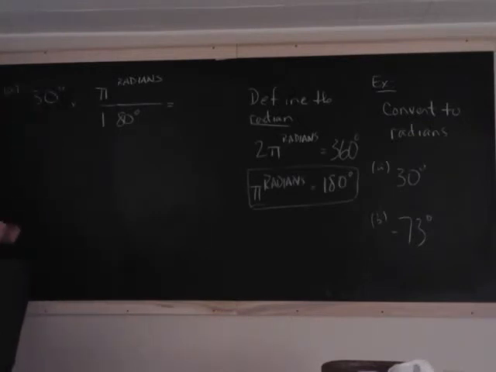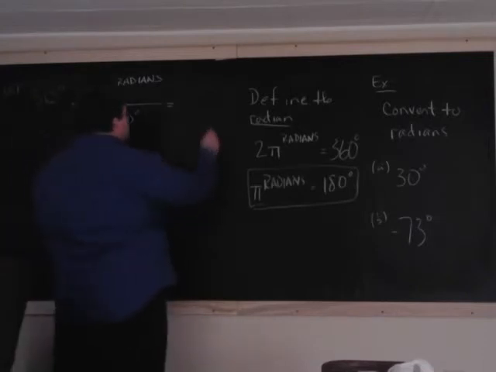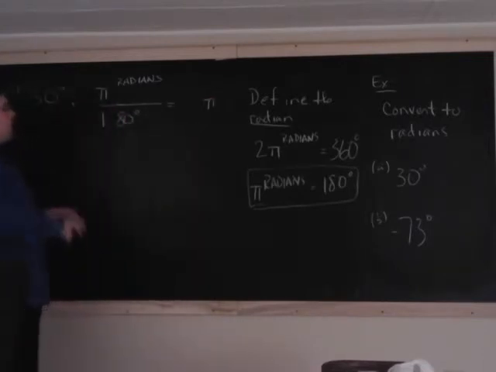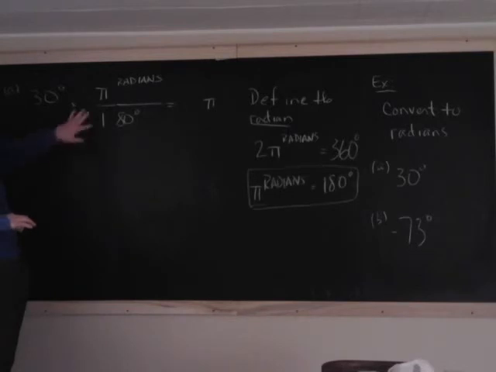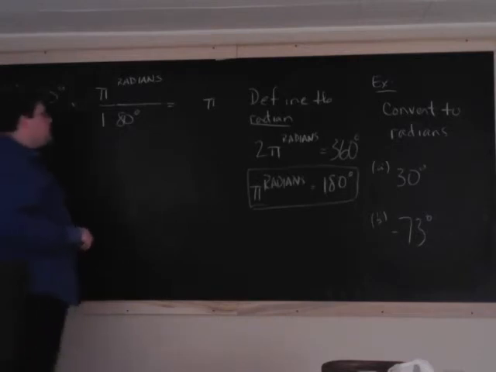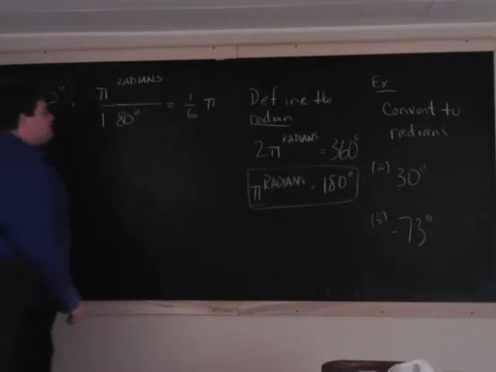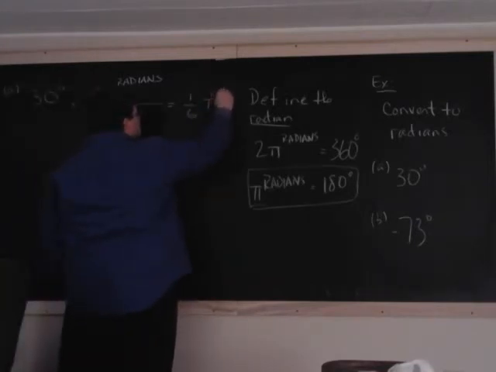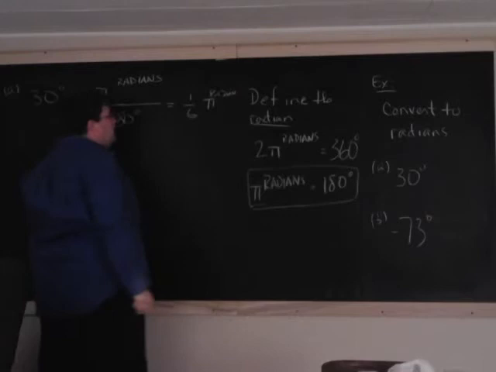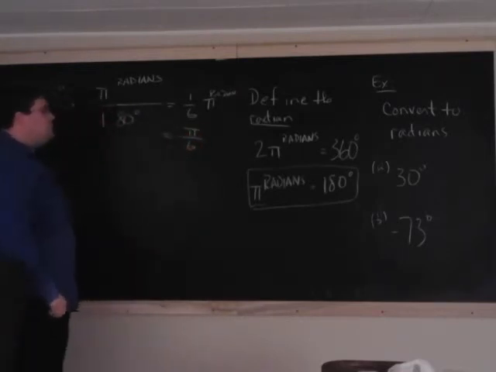So in a computation like this, it's convenient to write the pi separately and then write the numbers in front of it. So I see this really as 30 divided by 180 times pi. What's 30 divided by 180? Well, 10 divided by 10 is 1. 3 divided by 18 is a sixth. So we have a sixth pi radians. And for simplicity, we can just write that as pi over 6, and we'll assume that's radians.